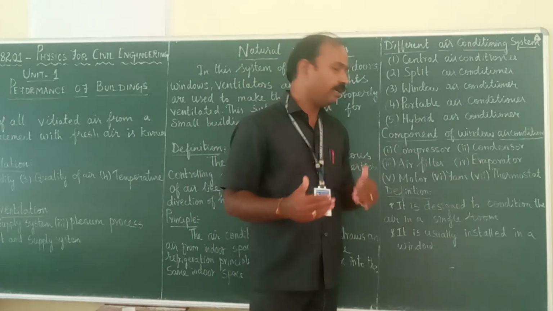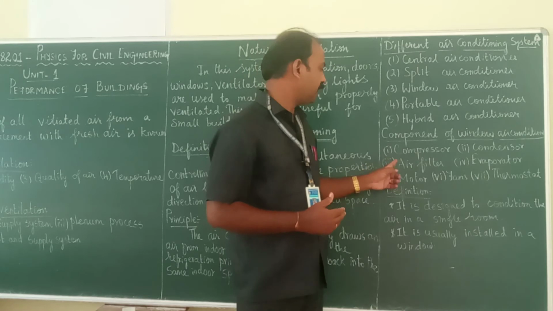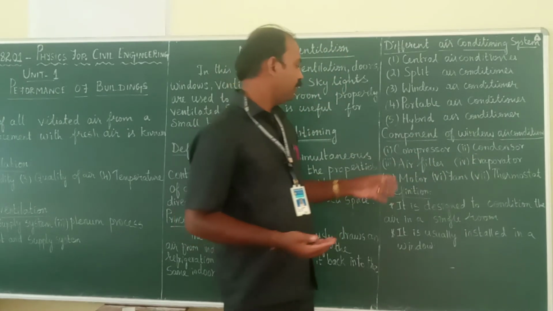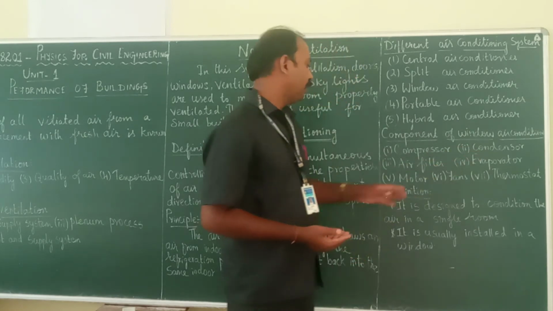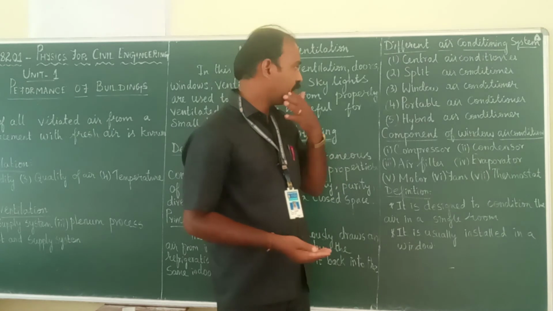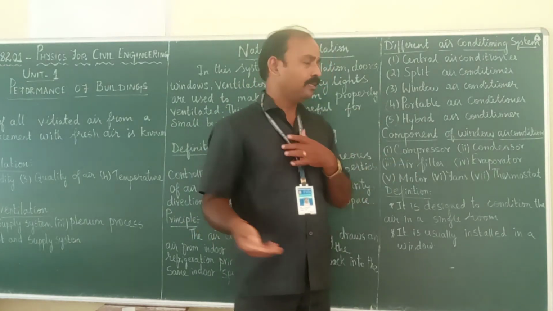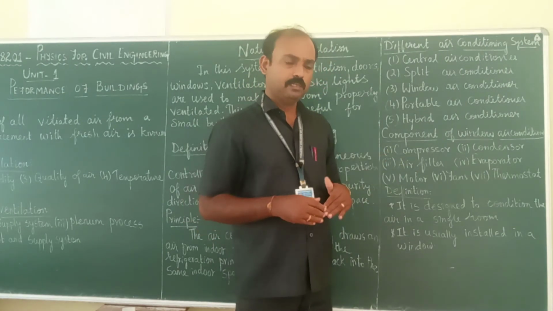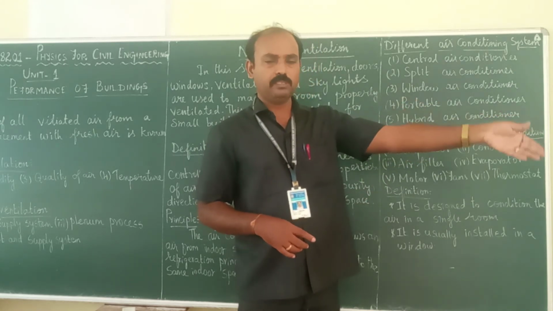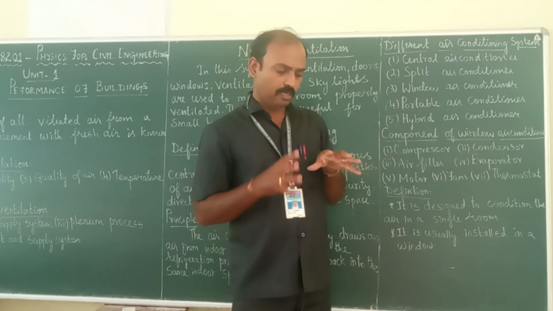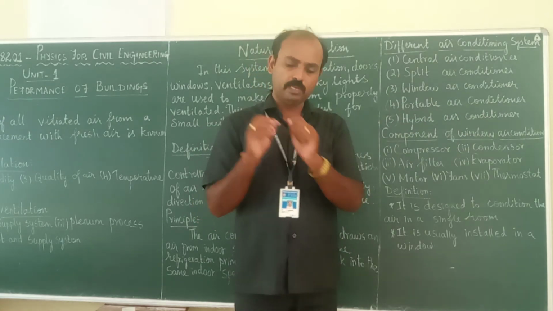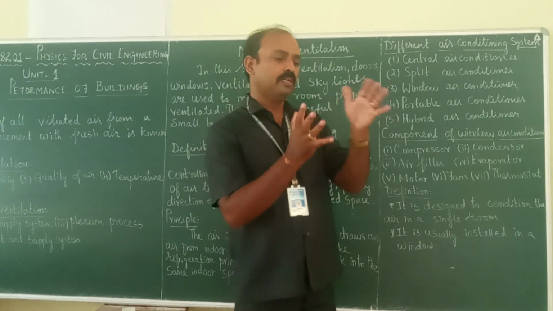The main components of a window air conditioner are the compressor, condenser, air filter, evaporator, motor, fans, and thermostat. In the split air conditioner, there is an inner part system and an outer part machine. The machine is in the outer part, and only the portion that sends the cool air into the room is in the interior part.